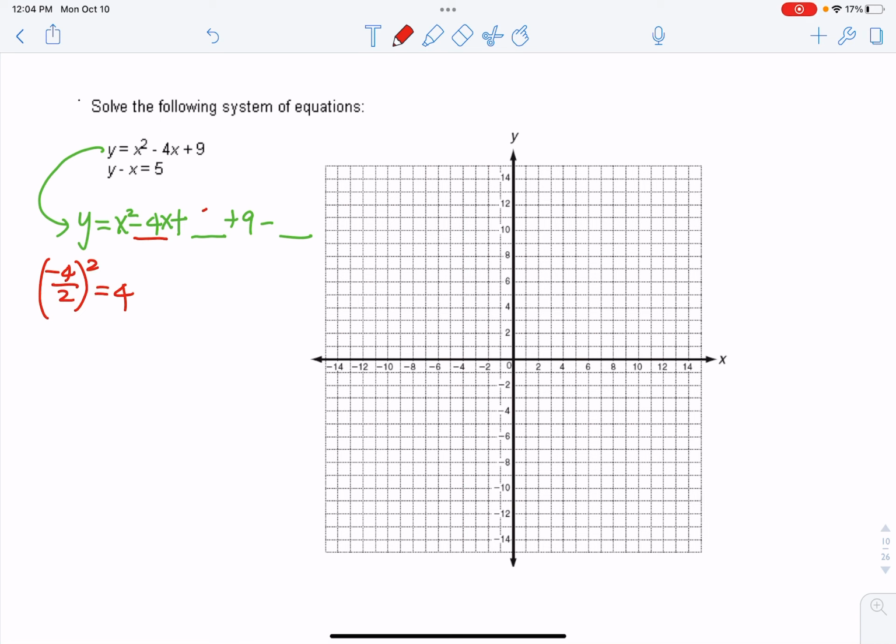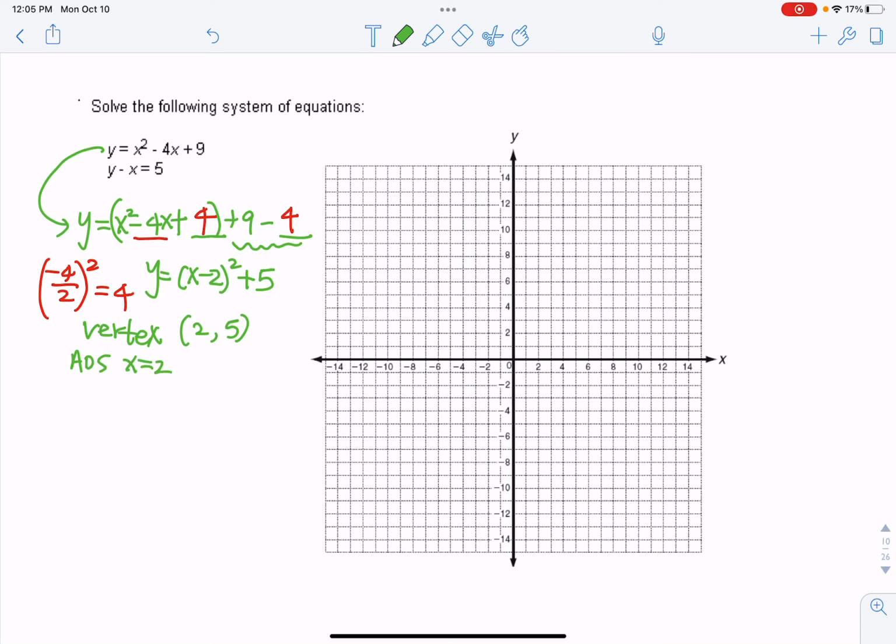So we add the 4 here and subtract 4 here. And we can rewrite this as y equals, for these parts, x minus 2 squared. And if you calculate this one, it becomes 5. From here, we know the vertex is (2, 5), and a value is 1.